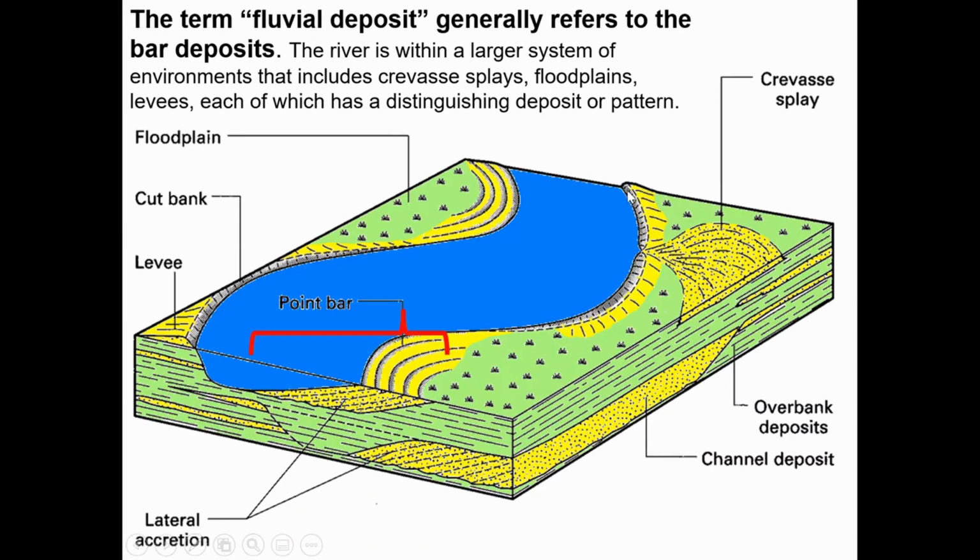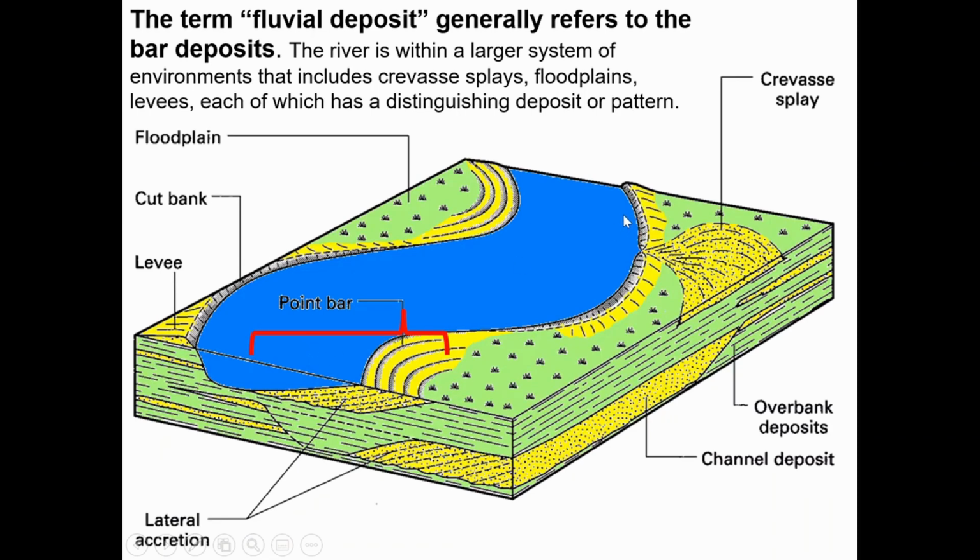So immediately outside the river channel, there will be a levee developed. Why is that? Because this flow was constrained by this channel, and once the overflow happens, the flow velocity within the channel is going to decrease dramatically.